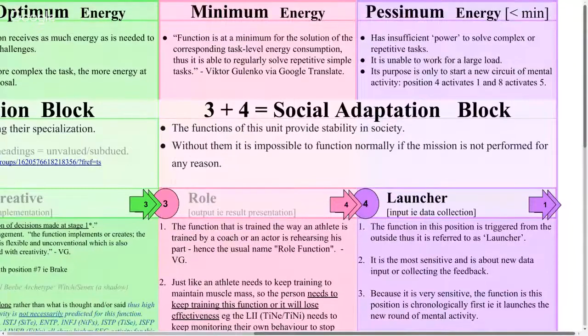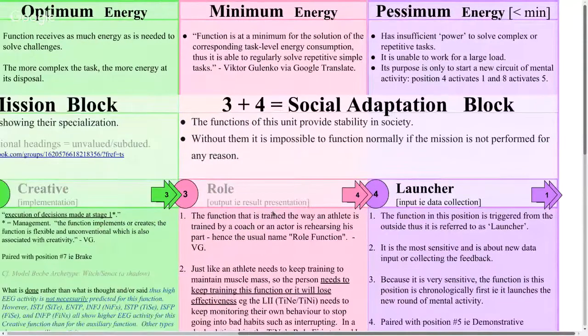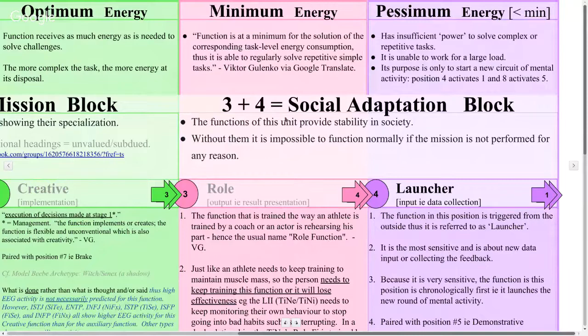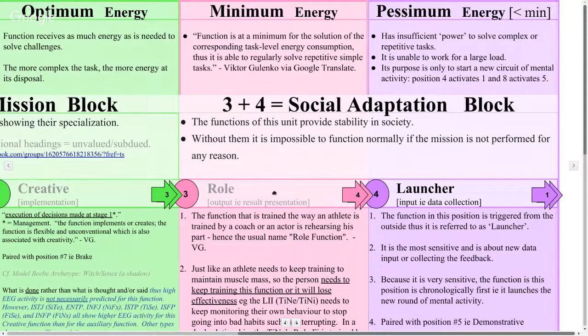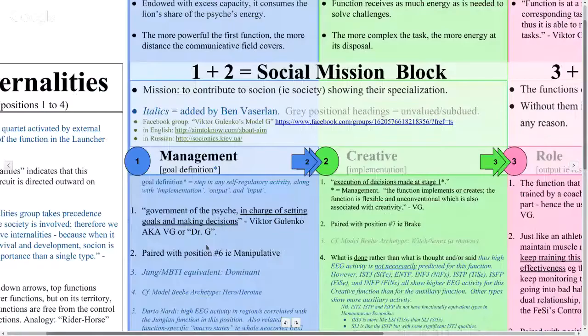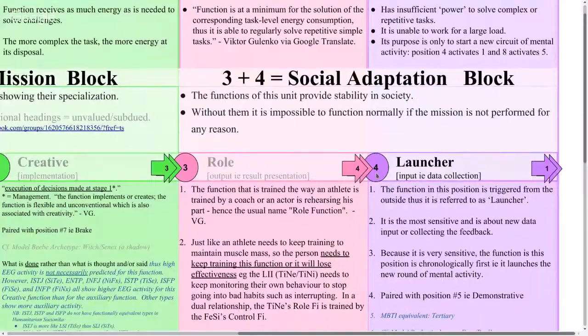I think what I'm going to do is do this block by block rather than keep going back and forth. So I'm going to do this as a whole. So, the social adaptation block. The functions of this unit provide stability in society. Without them, it is impossible to function normally if the mission is not performed for any reason. So you get given a task, and if you can't do it with these, then you can do it with these, or try to.